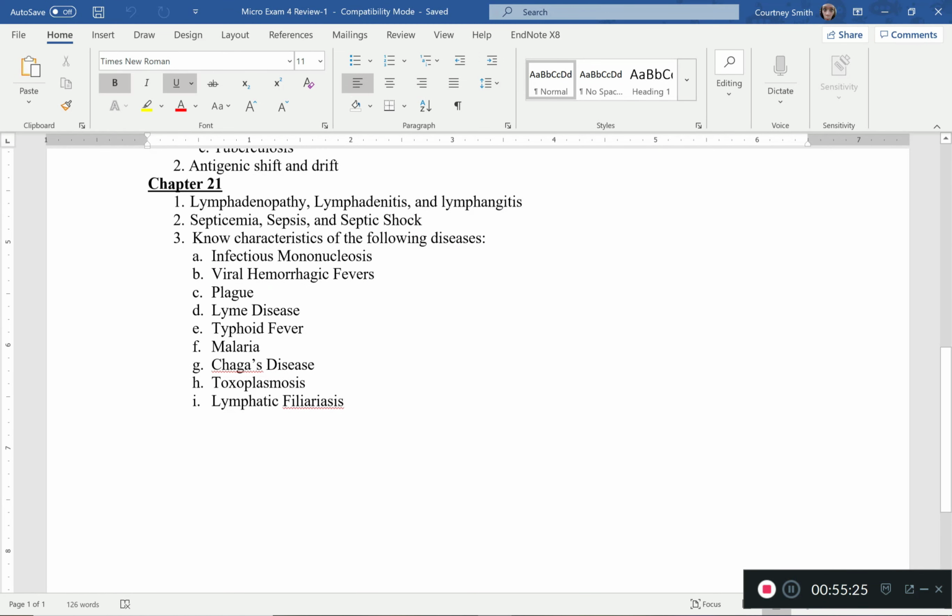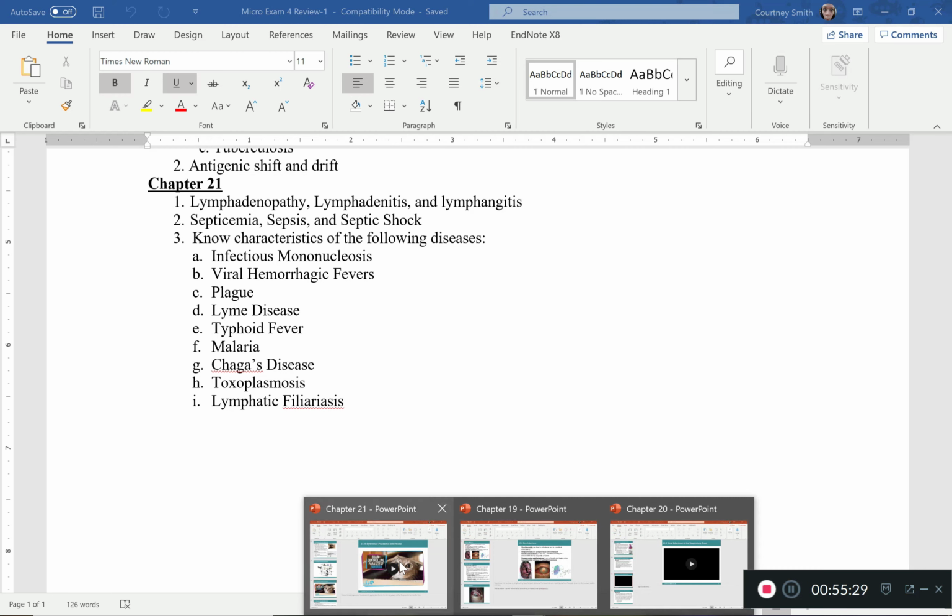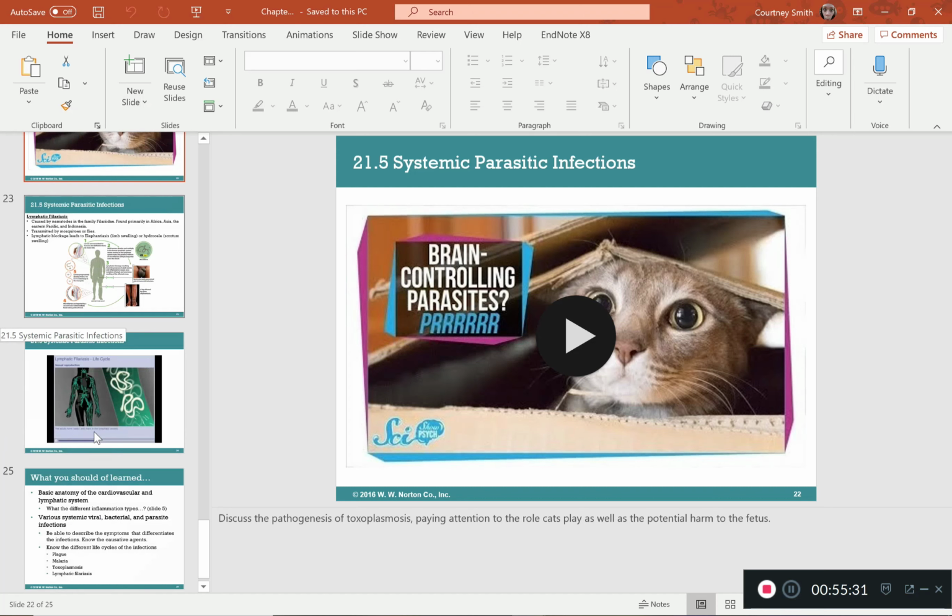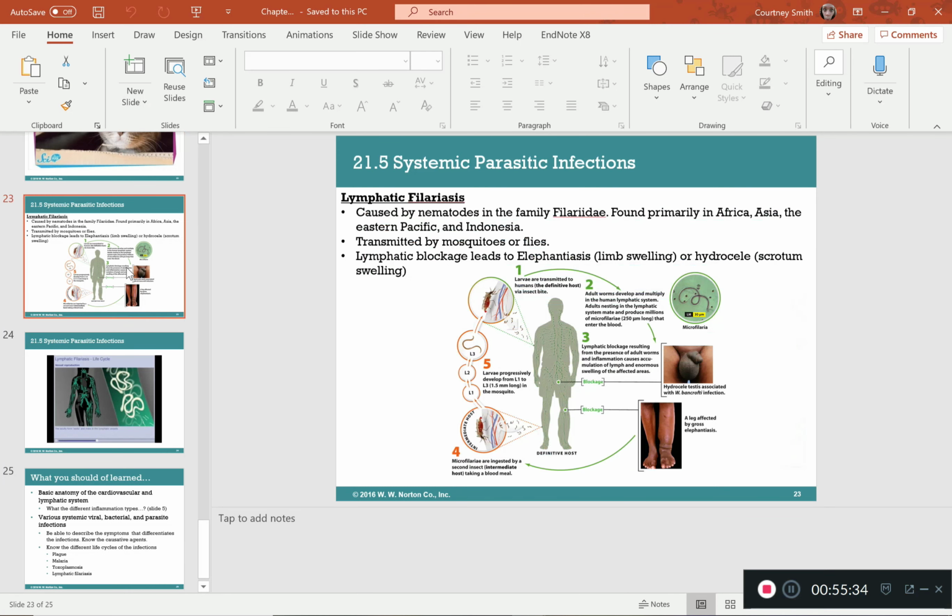Okay, and then we have lymphatic filariasis and elephantiasis. This is the last one that we're going to be discussing. It is caused by a nematode or a worm, Wuchereria bancrofti, I believe that's how you say it, found primarily in Africa, Asia, the Pacific Islands, and the Indonesia area.